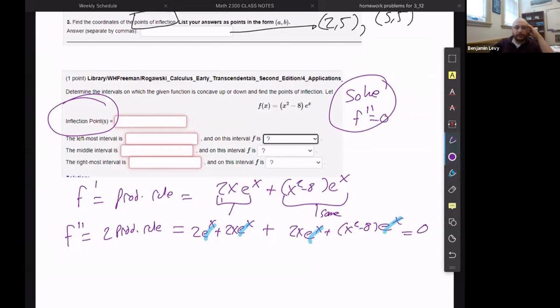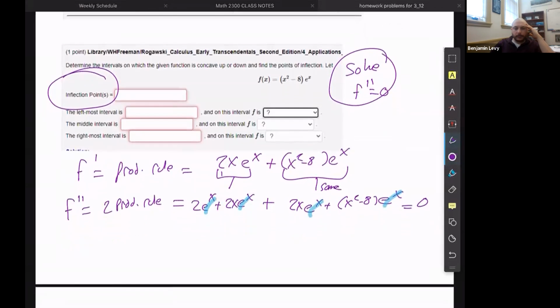Thoughts about the derivative? So when you factor e to the x out, it becomes 2 plus 2x plus 2x plus x squared minus 8.